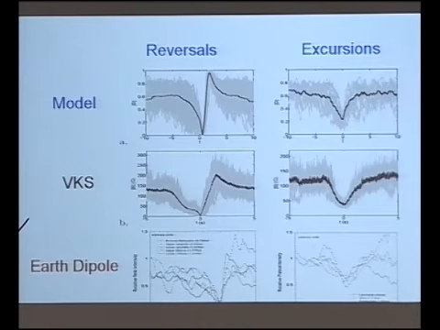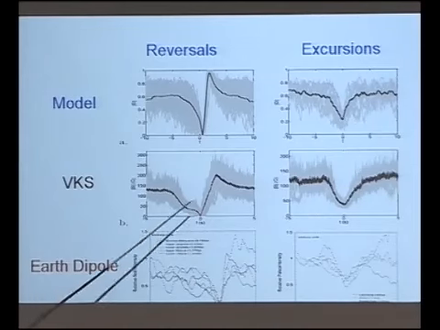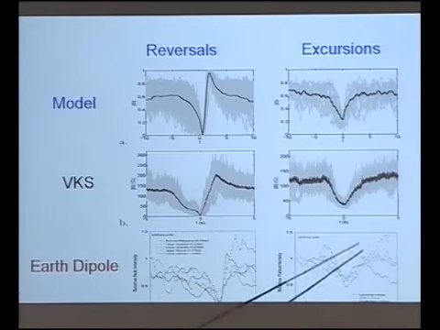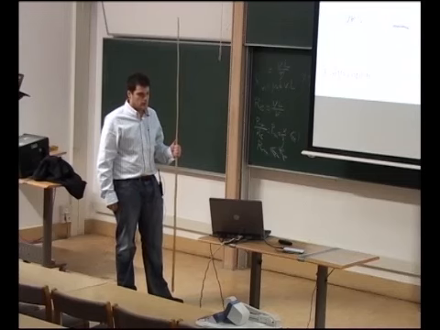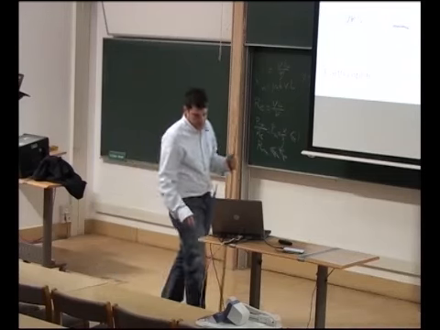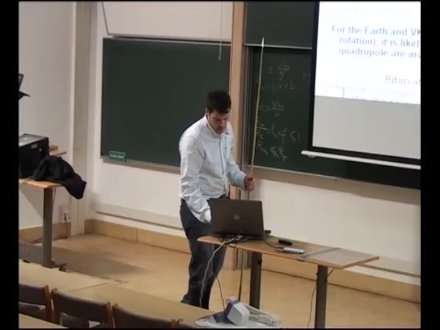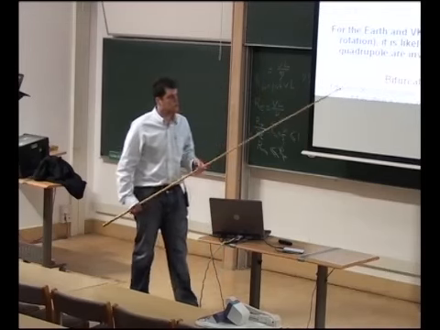The fast phase ends with an overshoot. At least it's very clear for the model of VKS. It's claimed by geophysicists. Then you can compare also excursions and see that excursions do not have an overshoot, which is what I observed for reversals.